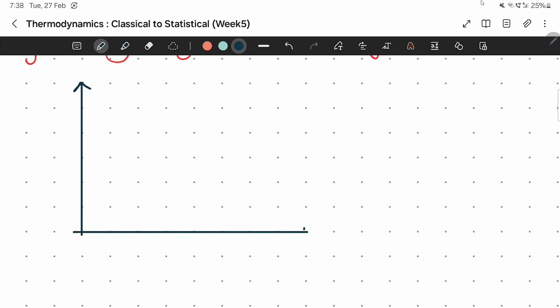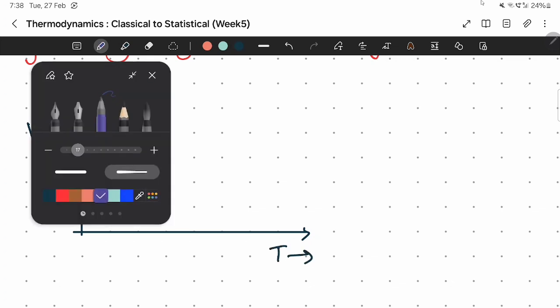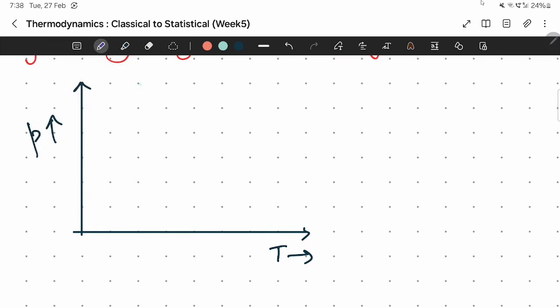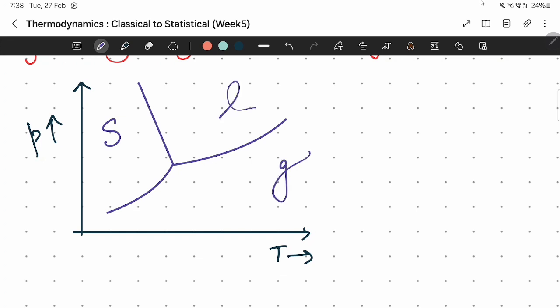What does it mean? A phase diagram is a pressure versus temperature diagram. So for water, it looks like this, right? This region was solid, this region was liquid, this region was gas. These lines indicate the phase boundaries.